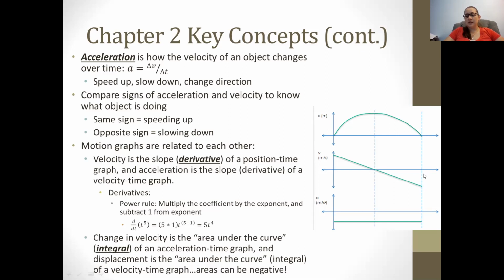So here in this velocity time graph, you can see this first chunk has a positive area, and this second chunk has a negative area, and it is totally fine to have negative areas in calculus. It hurts my soul a little bit, but it's totally fine to do that. Okay. So integrals you'll learn more about in calculus 2, but I just wanted to introduce those to you a little bit.